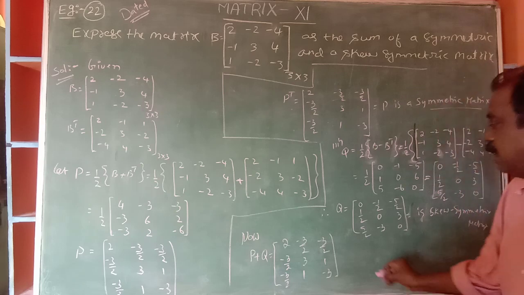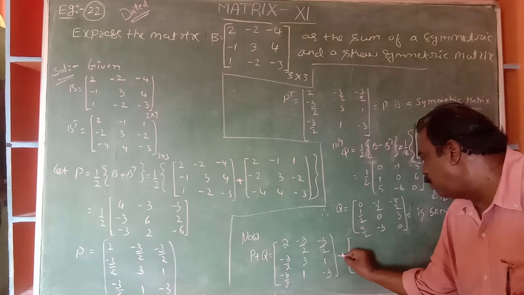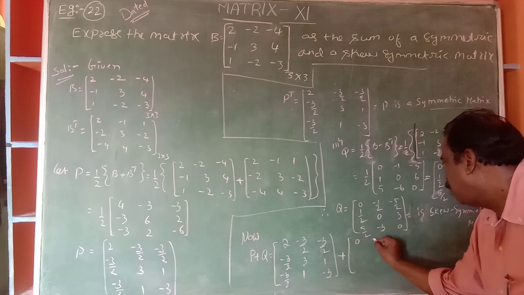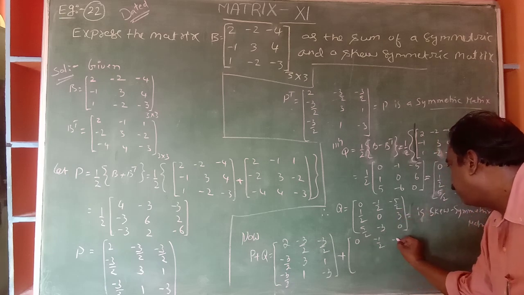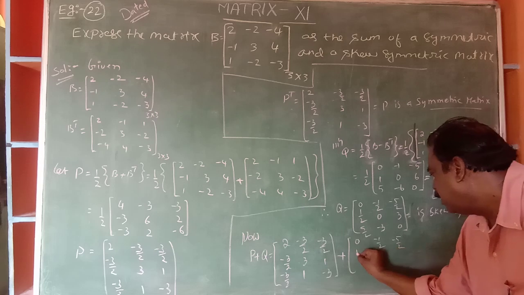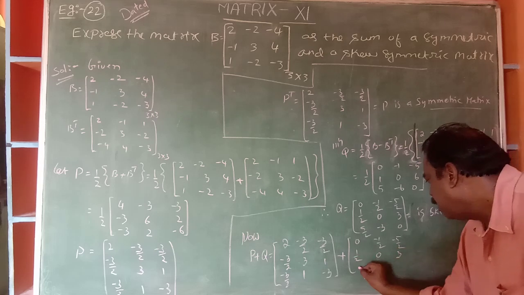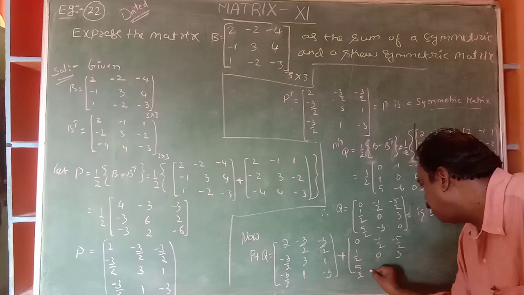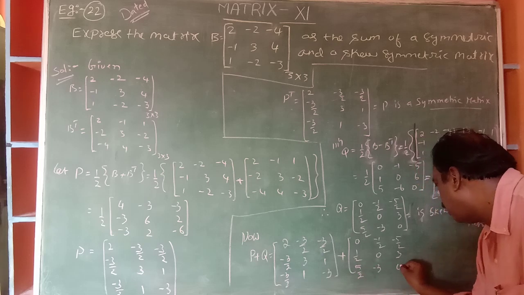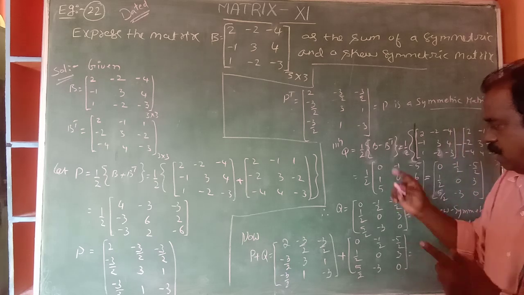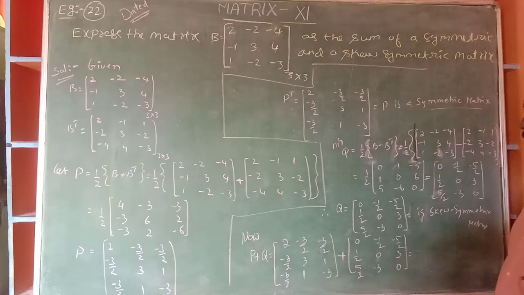Okay now? Plus, what is Q? Q is 0, minus 1 by 2, minus 5 by 2; 1 by 2, 0, 3; and 5 by 2, minus 3 and 0. Okay now? We will make it addition.